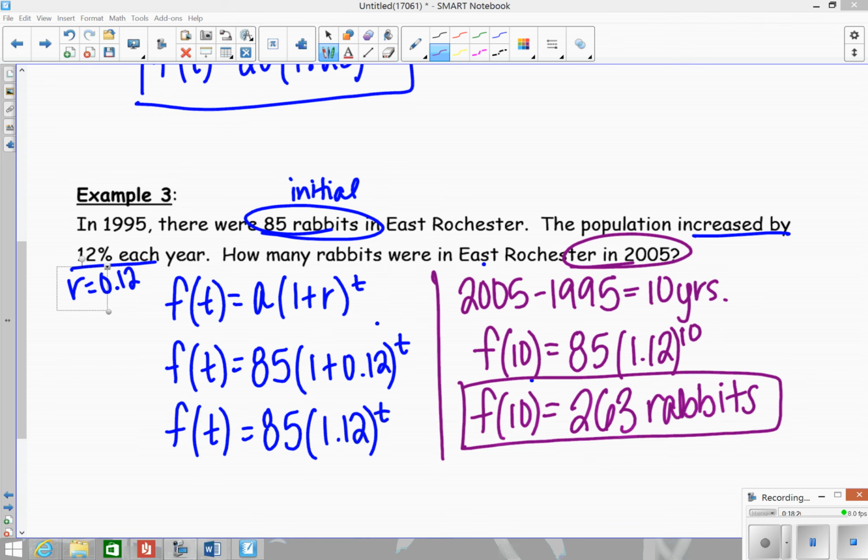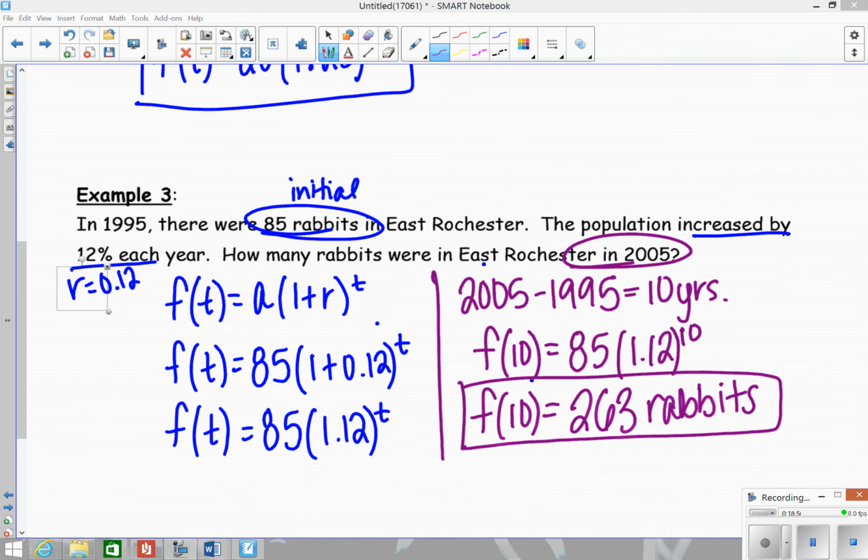But based on the situation, 263.9 rabbits isn't quite 264, so you have to round down to say there's only 263 rabbits after 10 years. Maybe 10.1 years would be 264, but we're just talking about after 10 years, so we can't say we get the next rabbit.